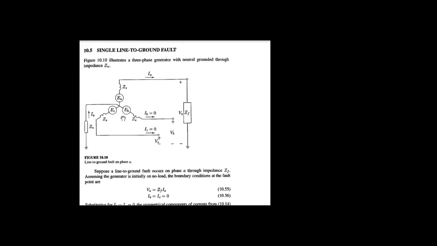Okay, when it is three phase, one of the three phases may have a short to the ground in terms of fault impedance ZF. Here you have B and C phases normal. Phase A is somehow shorted to ground in terms of fault impedance ZF.